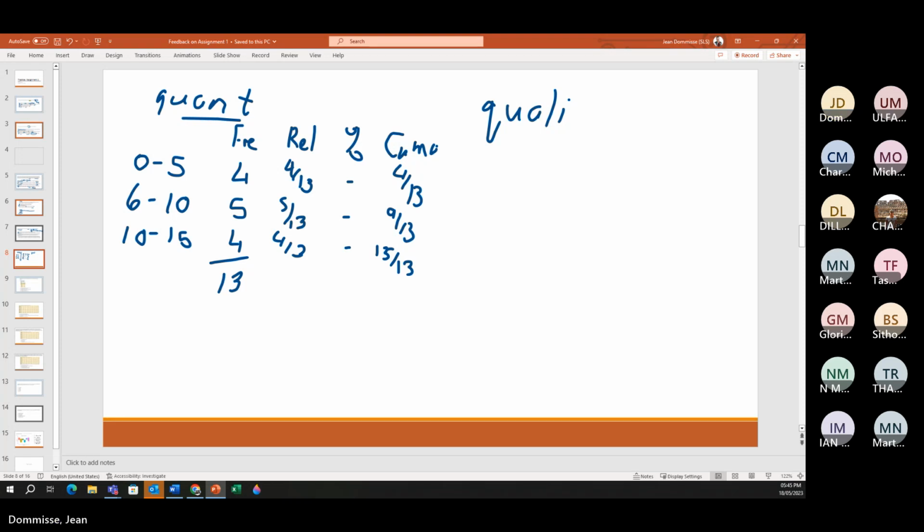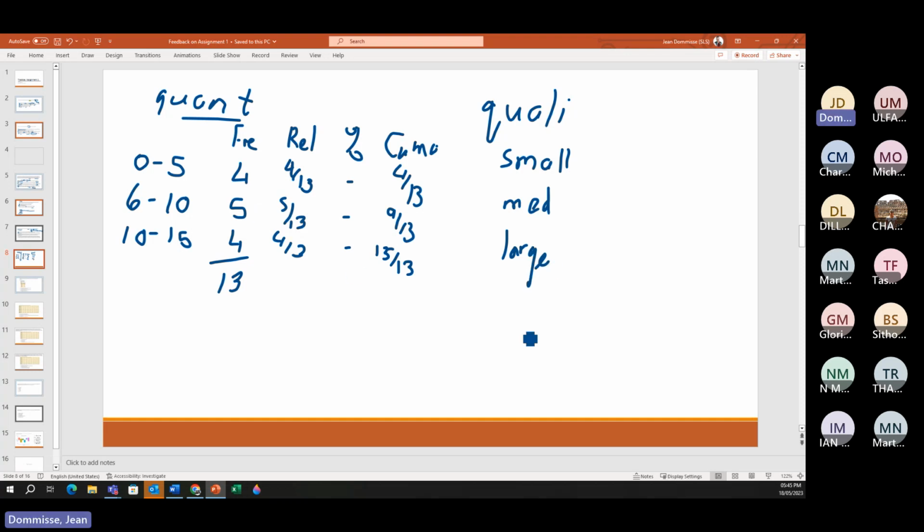So when I work with qualitative, we had the small bus, the medium bus, and the large bus.